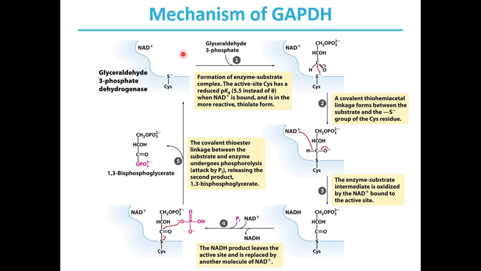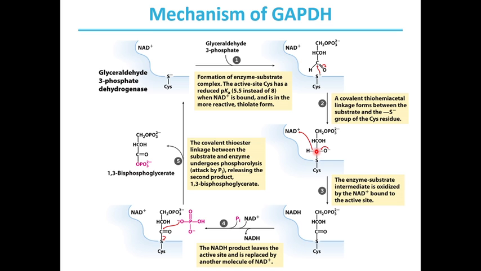Once the substrate binds and forms an enzyme substrate complex, the nucleophilic thiolate anion attacks the carbonyl carbon of the aldehyde, and this polarizes the carbonyl bond, and the electrons are moved towards the oxygen. Once this bond is formed, the electrons on oxygen move back to the carbonyl C-O bond, and that results in the loss of a hydride.